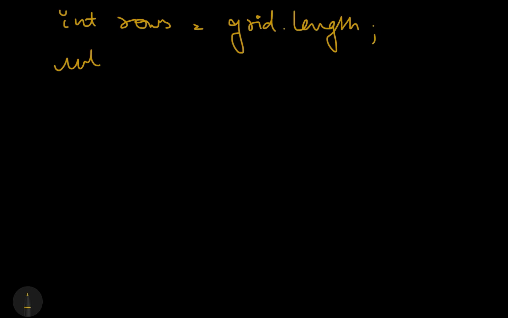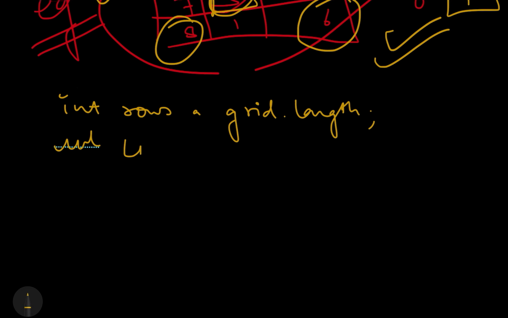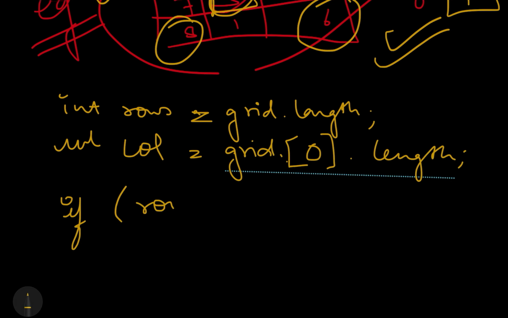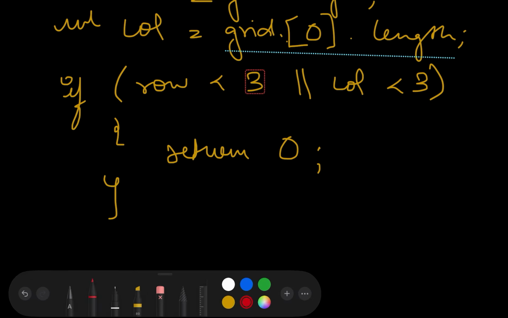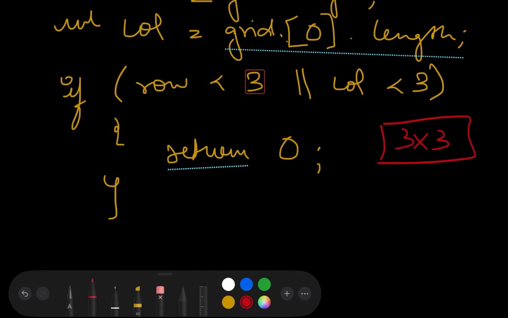Then we take columns equal to grid of 0 length, and if rows is less than 3 or columns is less than 3, we can directly return 0, because then a magic grid is not possible, because a magic grid is only possible when it is 3 cross 3. So that will be our first check.